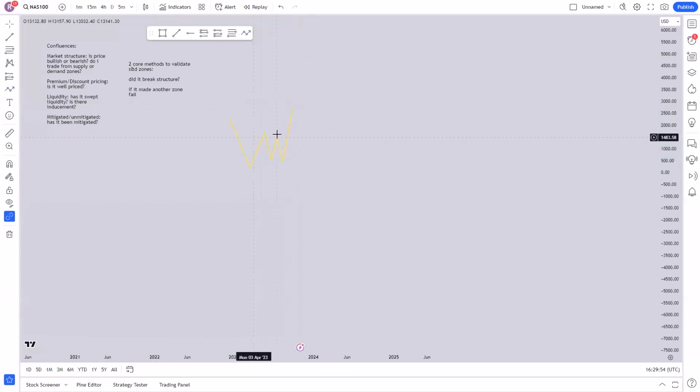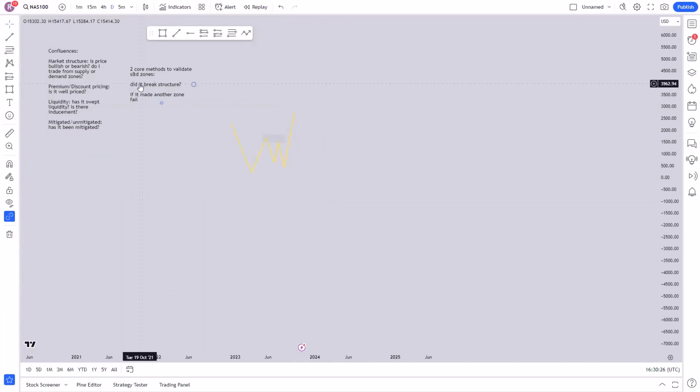Okay, this is a perfect example of when a supply zone fails. This supply zone has failed because the job of the supply zone was to push price down to cause this break of structure. But again, what happens if we don't get that? Then we push back up and we mitigate this supply zone, meaning we've retested it, tapped back in, got a reaction, but then pushed up again.